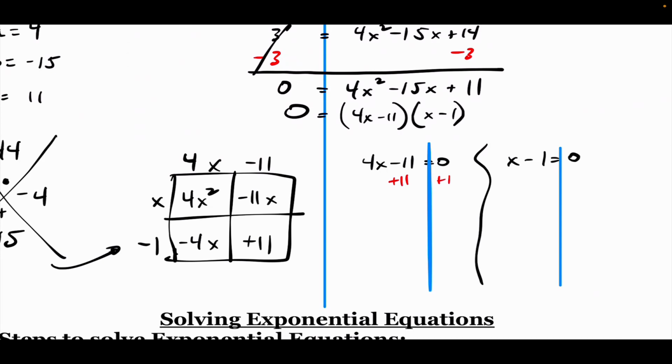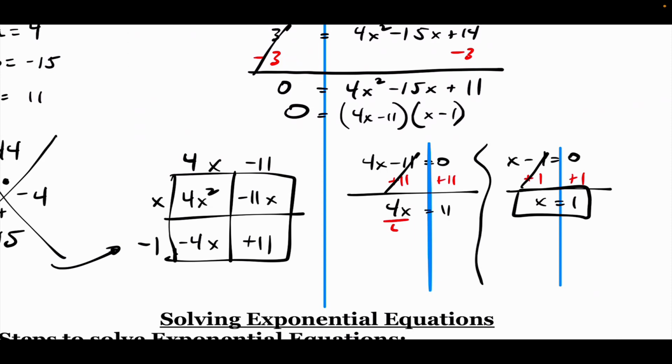Add 11, add 1. So I get positive 1 is one of my answers. And positive 11 over 4 is the other one of my answers.